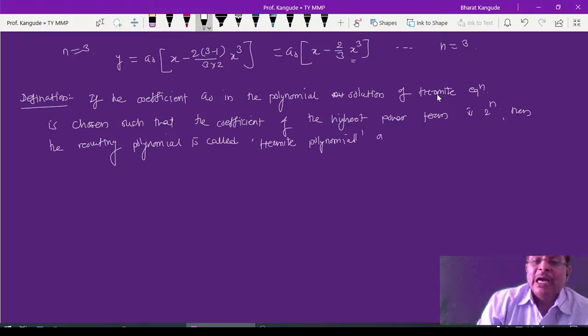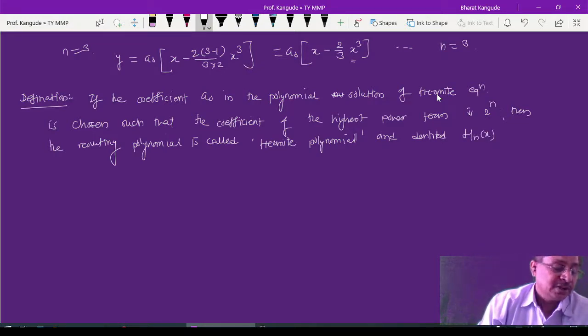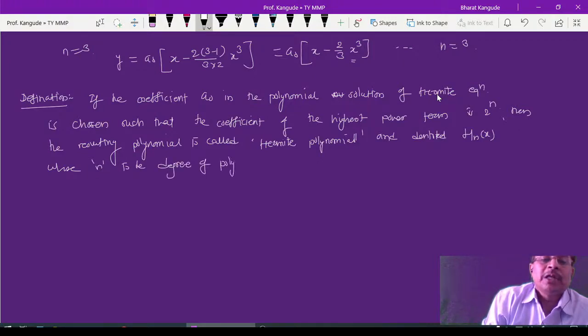It is denoted by Hn(x), where the small n is the degree of the polynomial.